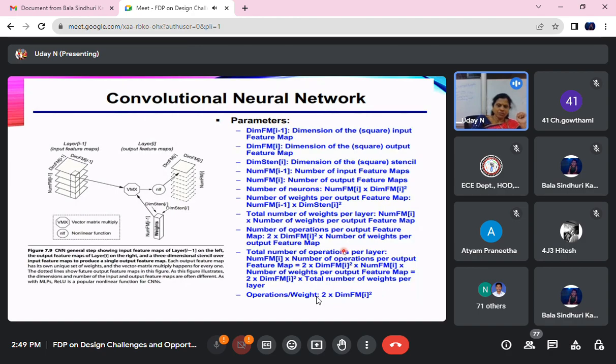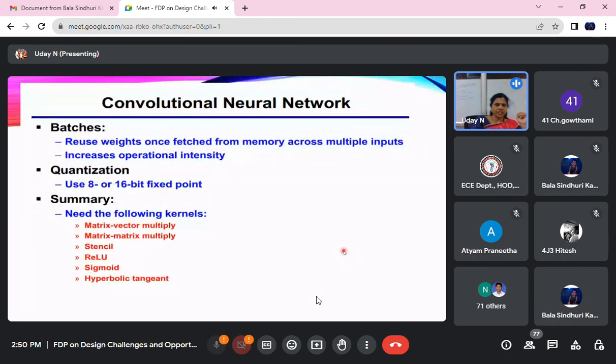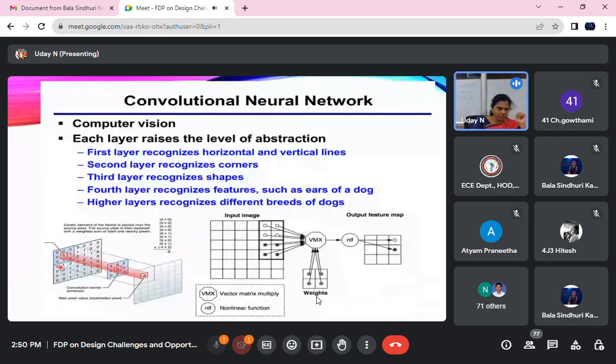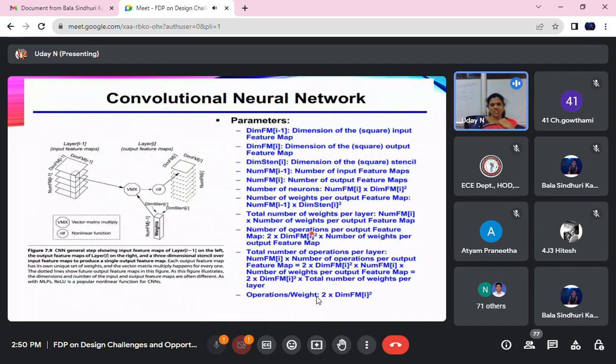Stencil is nothing but the kernel that we are taking. This is a 3 by 3 mask; we call it a mask also, and this is called a stencil. Have you taken a 3 by 3 window, 5 by 5 window, 7 by 7? Generally we take only odd numbers, and sometimes we take a 32 by 32 size stencil or window also.